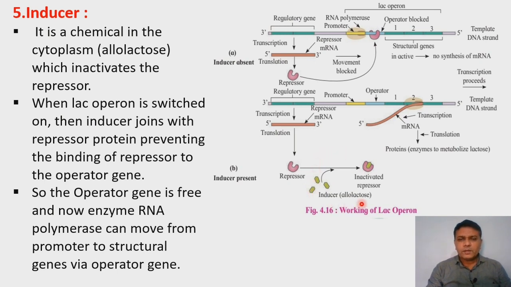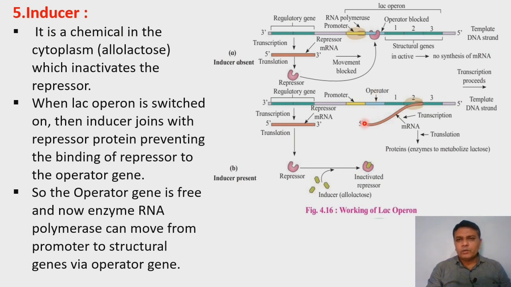When the Lac-Operon is switched on from the operator site, this inducer joins to the repressor protein produced by the regulatory gene and makes it inactive. Here we can see the inactivated repressor. So when the repressor is inactivated by the inducer, it is prevented from joining to the operator site.